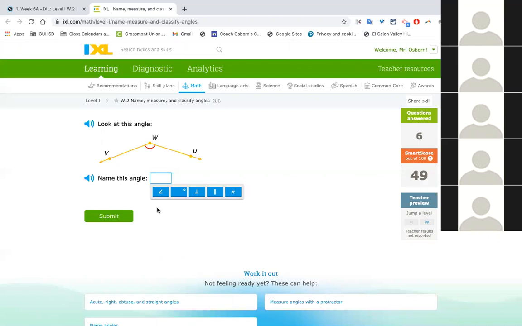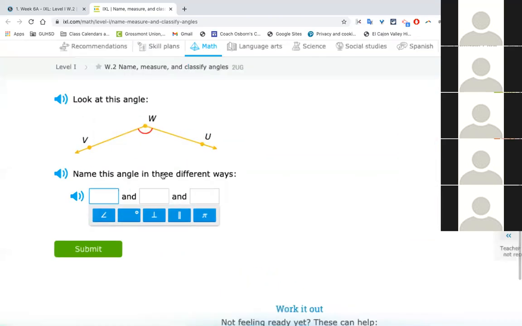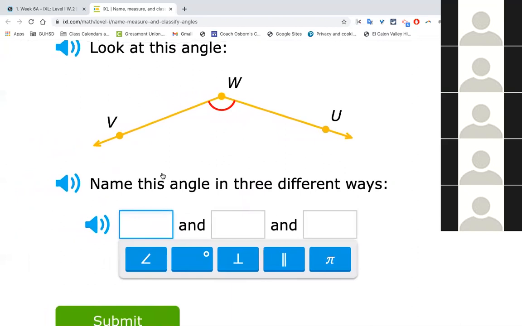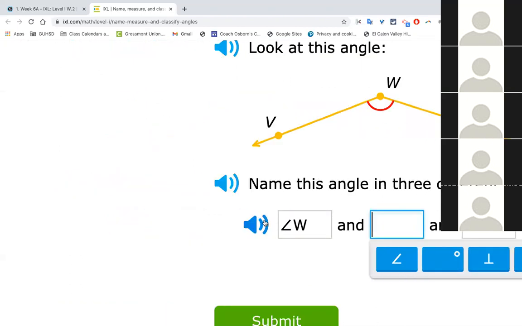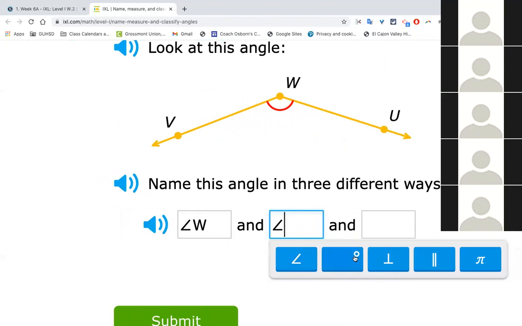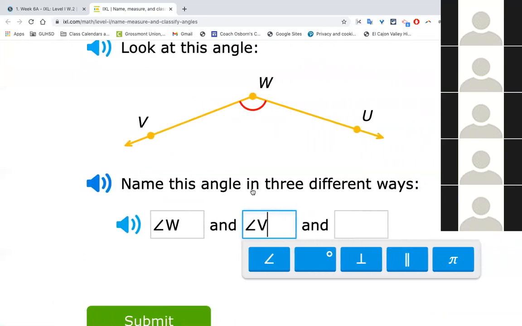There will be questions where it asks you to, actually, let me see if I can skip ahead here. Let me jump to the next level. Okay, so here, you're going to have to name it 3 different ways. One way is the first way, W, just put the letter itself. The second way, I'll put the angle, and then I have to put the letters around it. So VWU, sorry, it keeps jumping around.